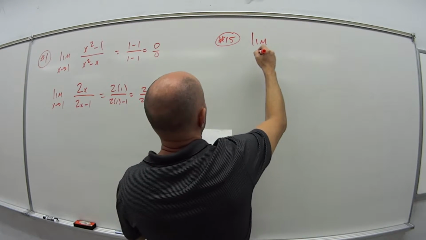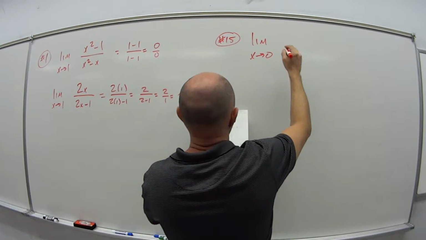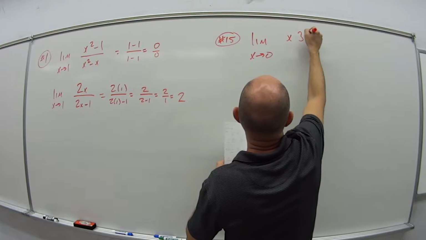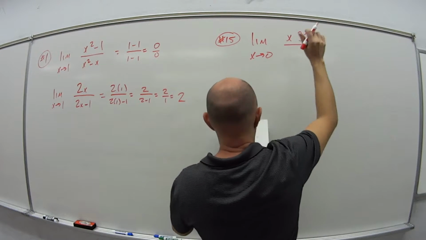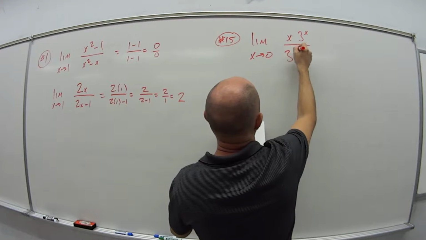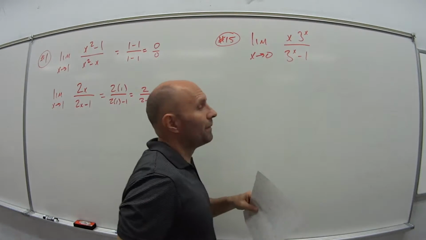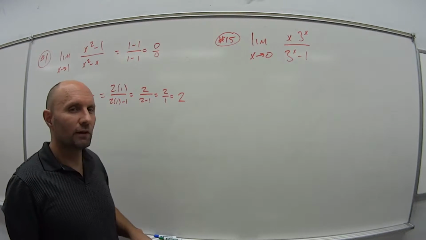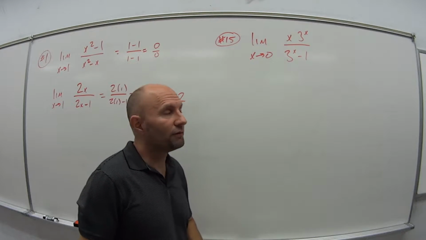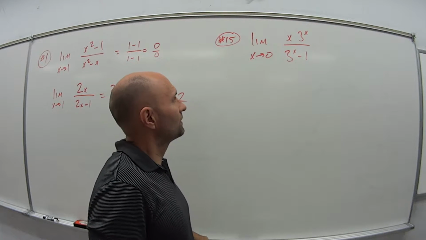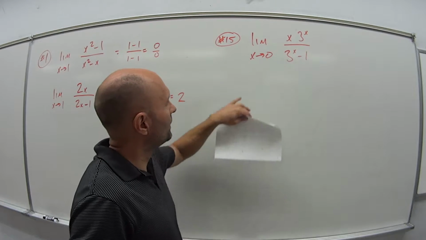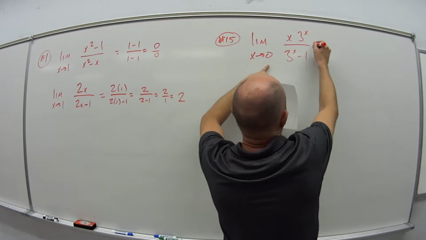So let's say we have the limit as x approaches 0 of x times 3 to the x power all over 3 to the x power minus 1. So it's a little different from anything we did in the previous videos. Combines a few different things here for us, but let's plug in 0. What do we get?